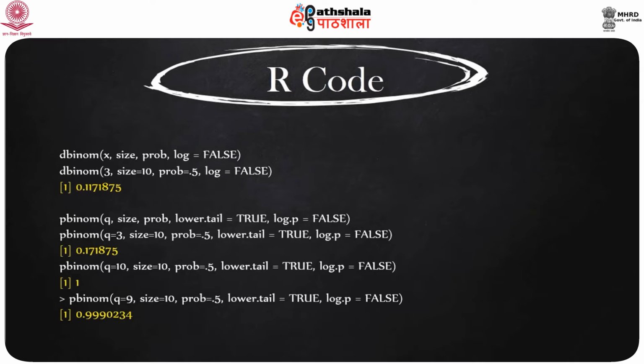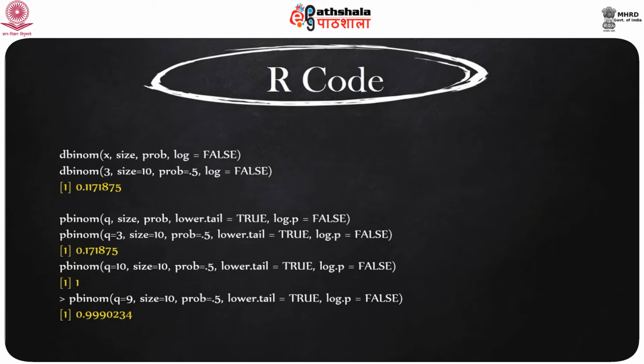Here x denotes the point at which we are trying to find the probability mass, then size denotes the number of trials. The probability argument specifies the probability of getting a success in each trial. So all these need to be specified a priori.